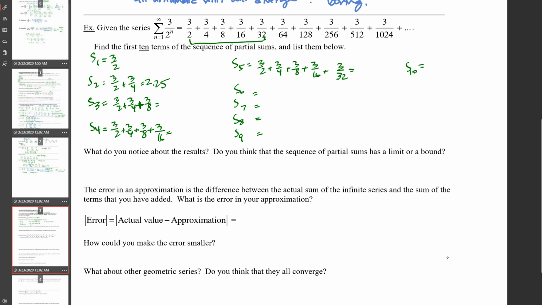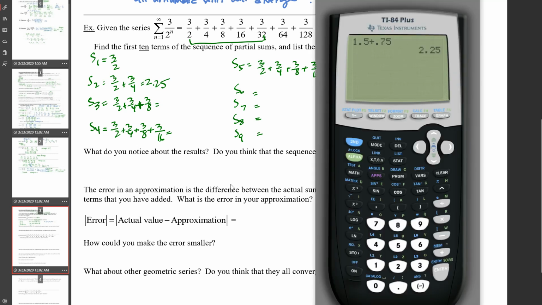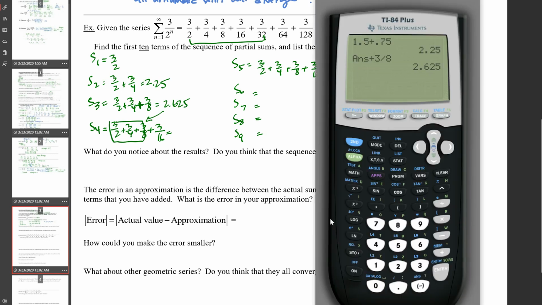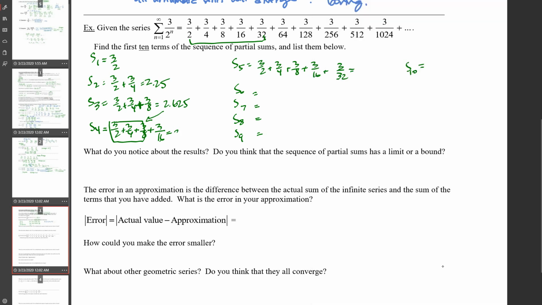S10. All right, so let's go back to my calculator. For S3, it's 2.25 plus 3 eighths, so plus 3 divided by 8, and that's going to be 2.625. Then I'm going to add that with 3 sixteenths to get S4, so I get 2.8125 here.